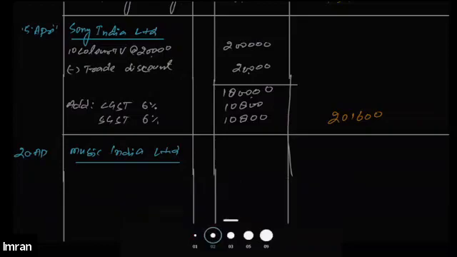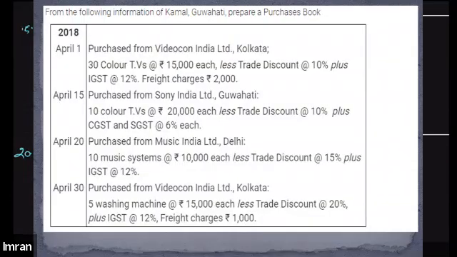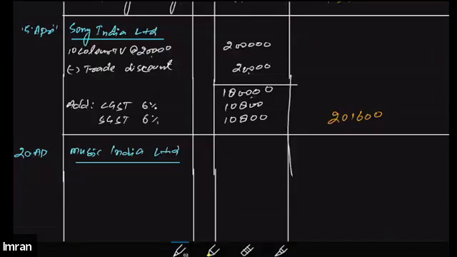All right, what we have purchased from Music India Limited is music system. We purchased 10 music system at the rate 10,000 each, less trade discount 15% plus IGST. So 10 into 10,000, that means total value of the music system bought is 1 lakh.